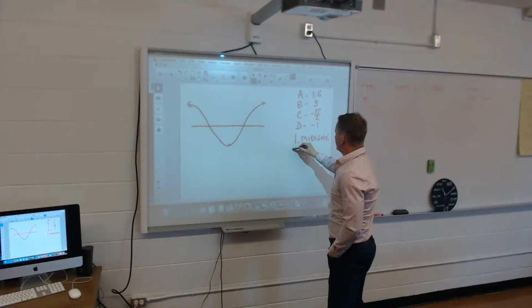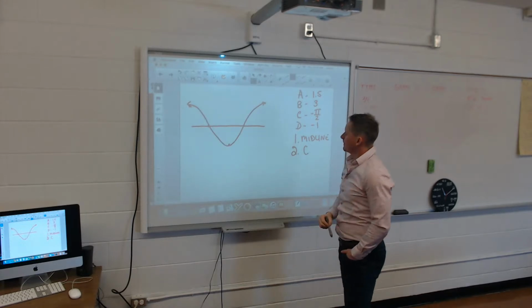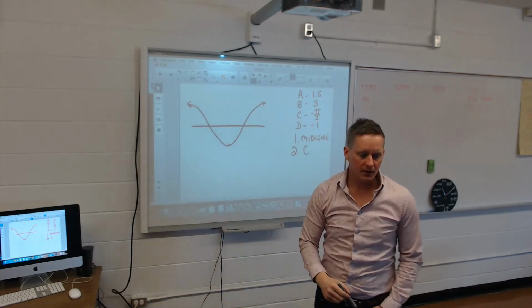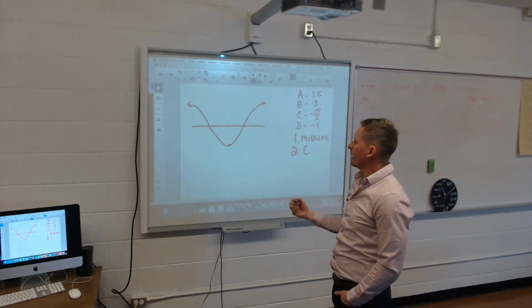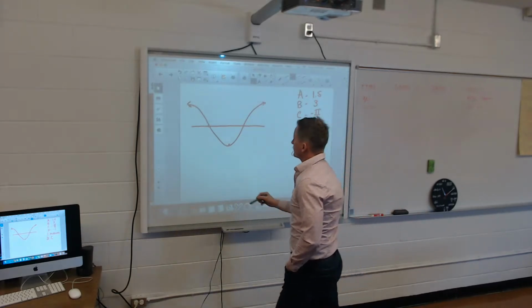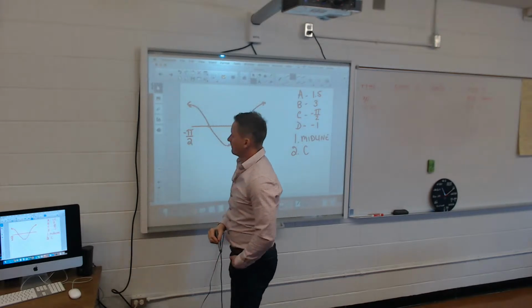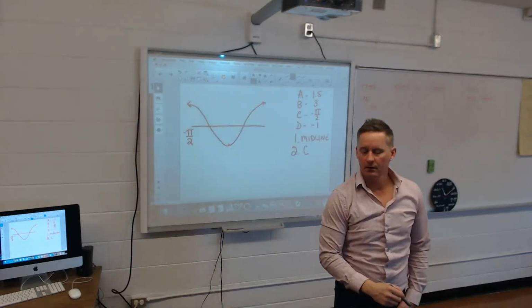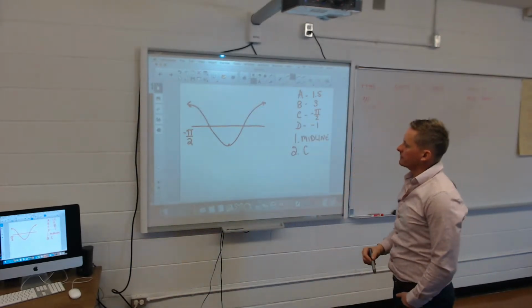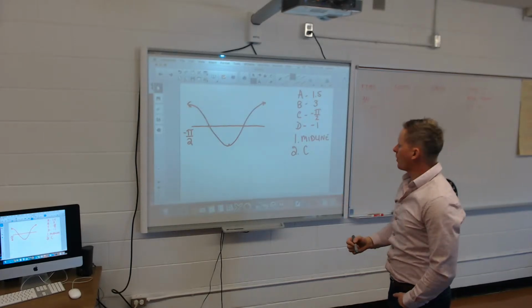Step number 2 is to work with my C value. I'm going to label my C value because that's where my cosine graph starts. In this case, it starts at minus pi over 2, so I put that into my coordinate.